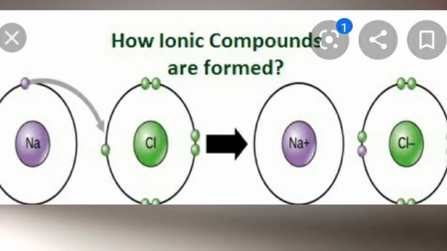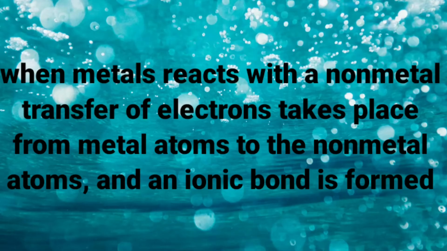Now we shall see how this ionic bond and ionic compounds are formed, children. As I told you, to form ionic compound, metals and non-metals play a very important role, children. When a metal reacts with the non-metal and transfer of electron takes place from metal atoms to non-metal atoms, ionic bond is formed. You all understood, children?